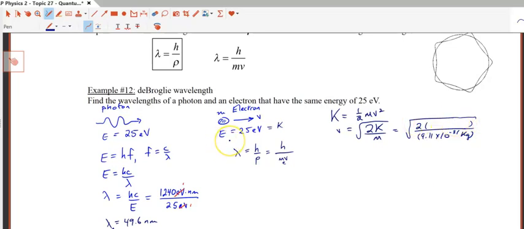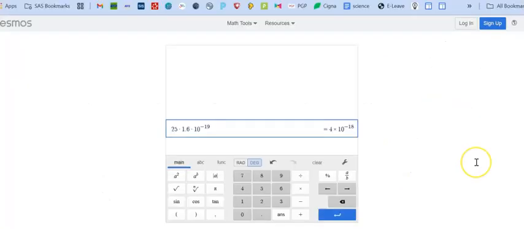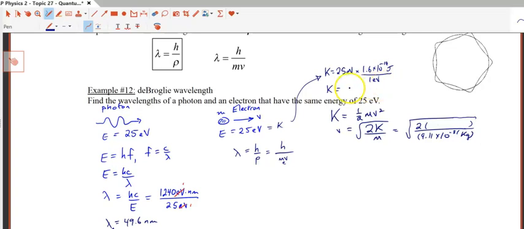So maybe I'll just do this calculation up here. The kinetic energy is 25 electron volts, but we need to convert that to joules. In 1 electron volt, there is 1.6 times 10 to the power of negative 19 joules. So that's the value that you need to plug in. So 25 times 1.6 times 10 to the power of negative 19 gives you 4 times 10 to the power of negative 18 joules.